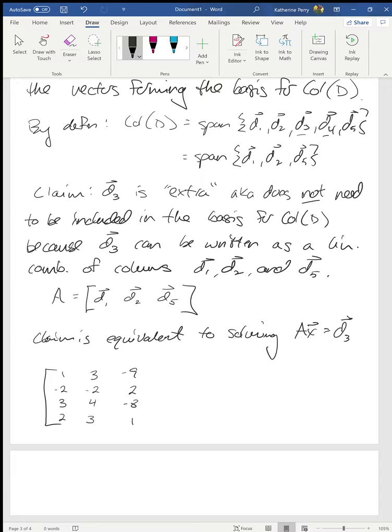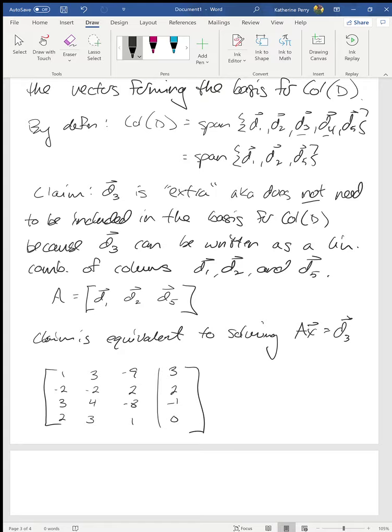And then I want to set this equal to the third column, this D3, which is 2, minus 8, 11, and, oh, sorry, that's D4. Sorry. This D3 is 3, 2, minus 1, and 0.